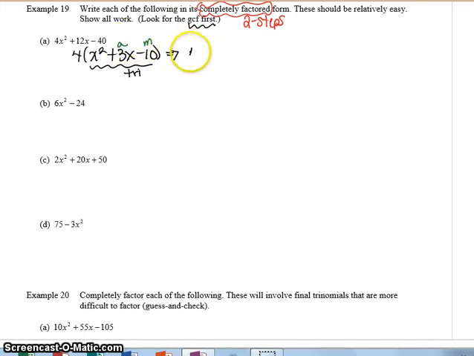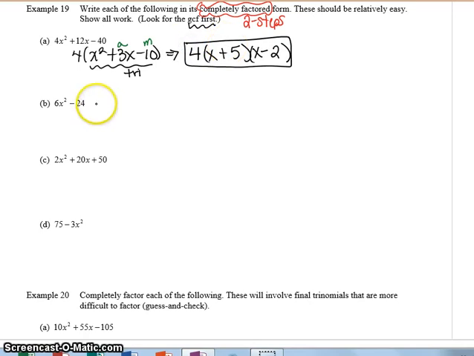So you need to keep and carry the 4 along for the ride, and then you're going to factor like how we did over in example 15. I know that 5 times 2 is 10, but I also know that 5 and 2 can combine and give me a positive 3. So it's going to be plus 5 minus 2. Here's my final answer.